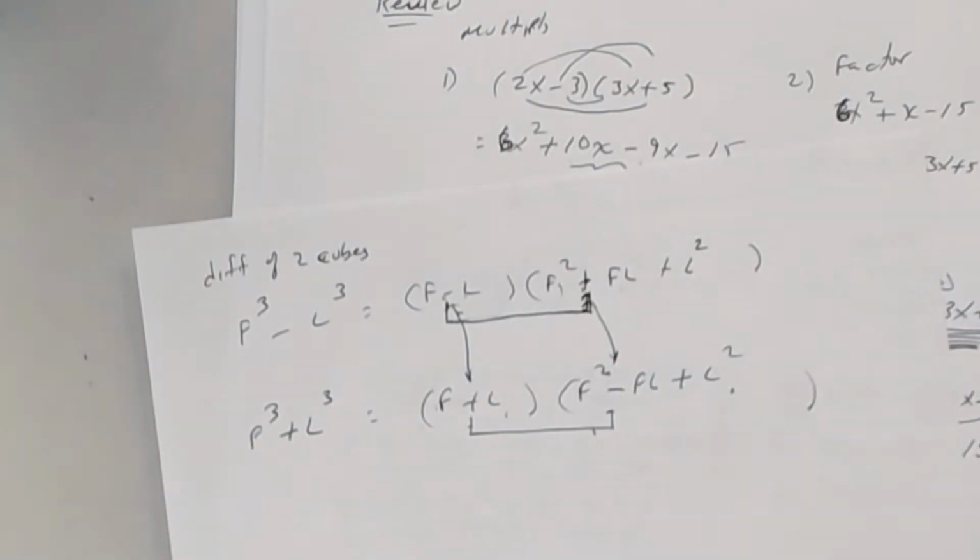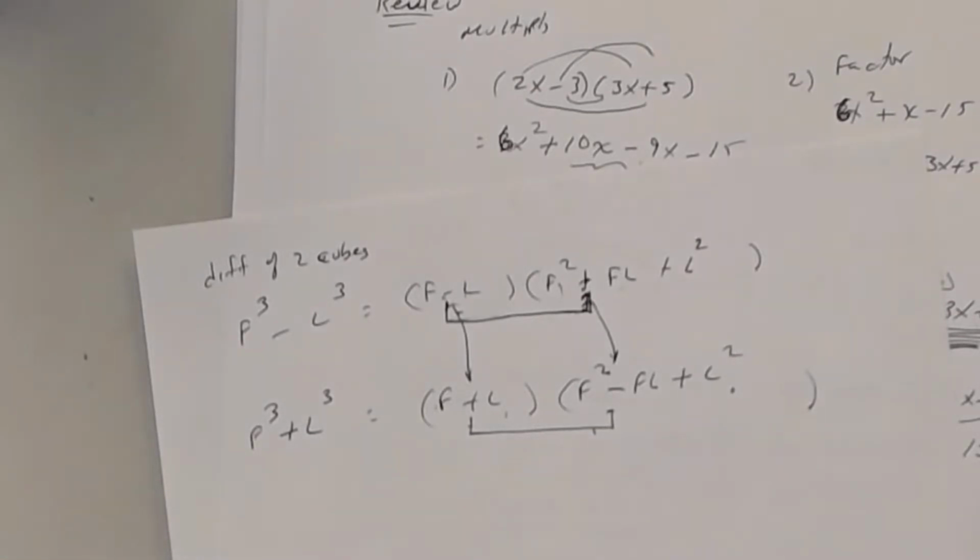That's the only difference. But everything else is the same. In both cases, you do the opposite for the middle sign. The middle term, yes. All right, so let's do some problems with that. And basically, I'll give you the formulas. You just need to know how to use them.